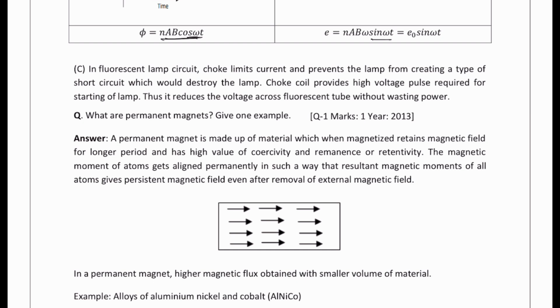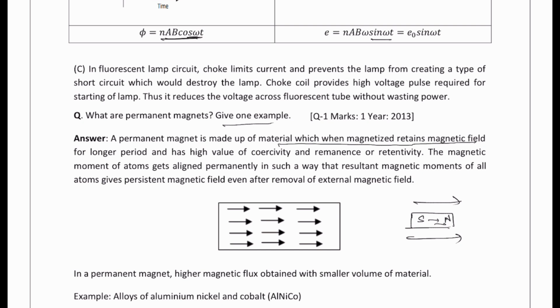Now, what are permanent magnets? Permanent magnets have higher retentivity, meaning that on applying an external magnetizing field, they develop permanent magnetism and retain it even after withdrawal of the external magnetic field. A permanent magnet is made of material which is magnetized and retains high retentivity for a longer time.